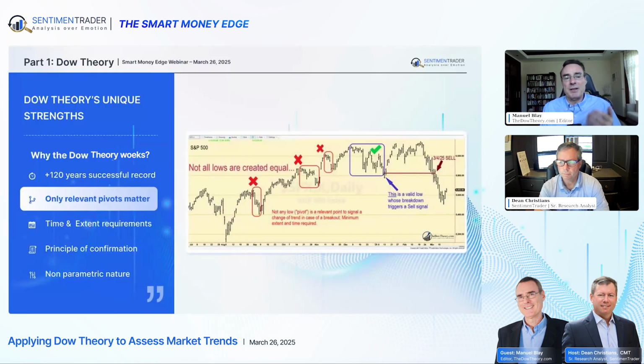Why does it work? Because for a drop to qualify as a relevant drop, the Dow Theory has the time and extent requirement. What do I mean by that? For instance, we need a minimum of days for the drop. So if we had a huge drop, but it only lasts 5 days, then this is not going to qualify, no matter how big the pullback.